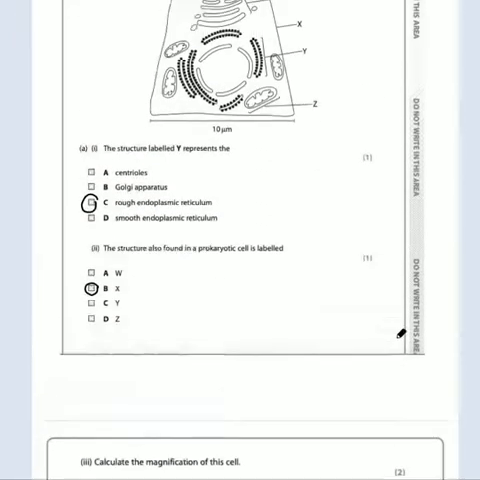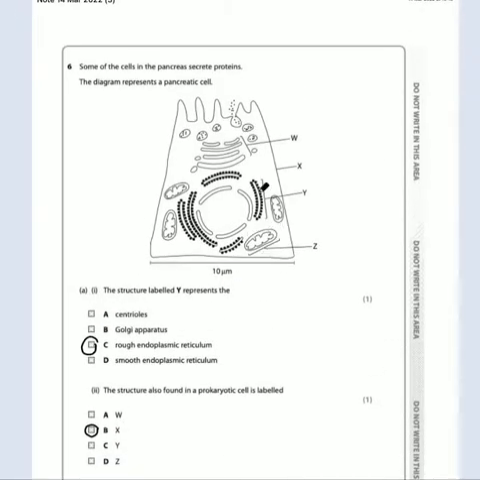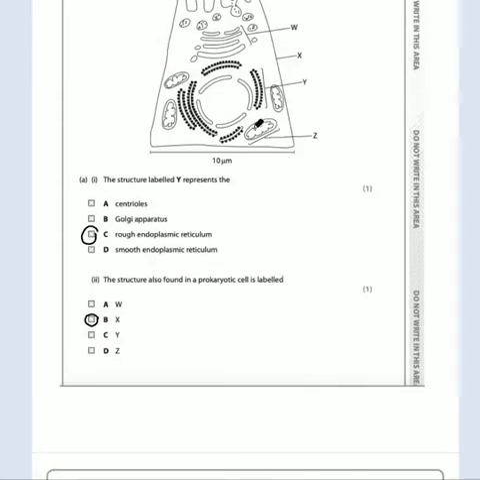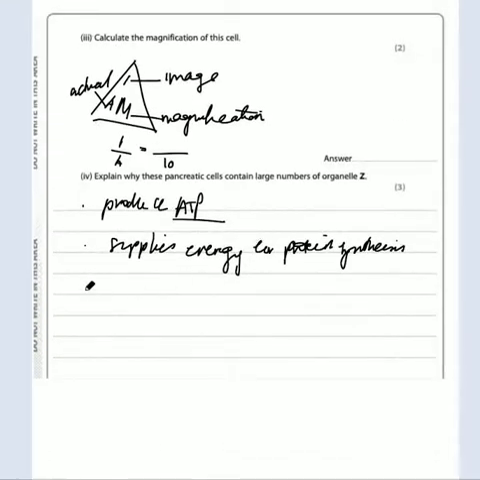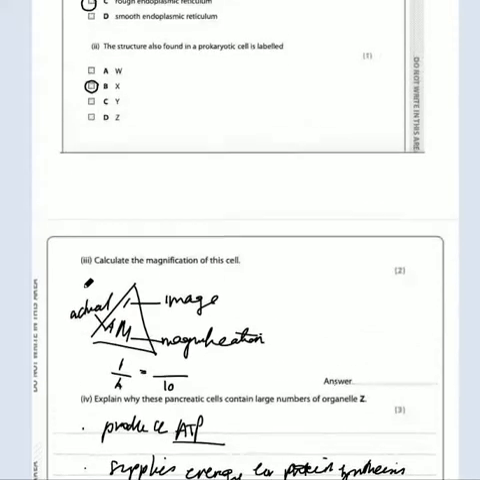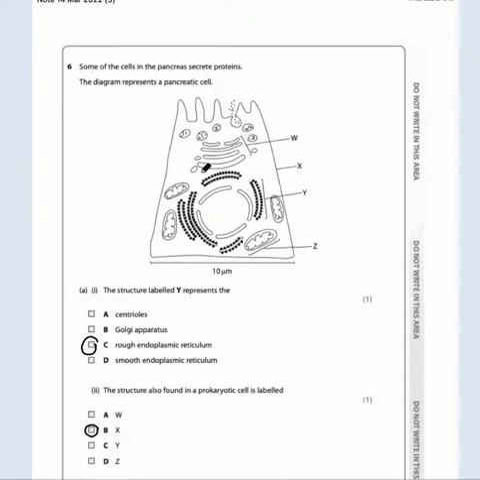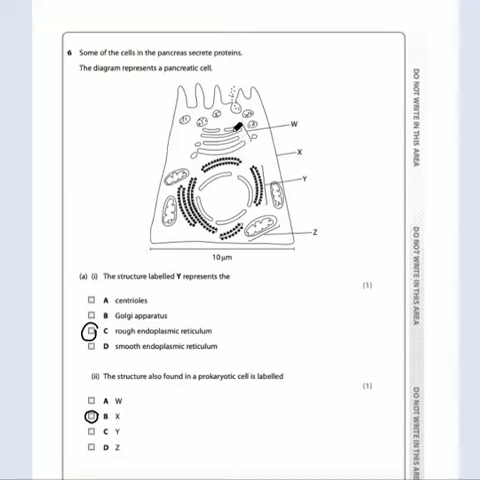And hence it makes sense why mitochondria is found next to the rough and the smooth endoplasmic reticulum, because the ribosomes here will also undergo protein synthesis. And so you have the mitochondria near to supply the energy. And so it supplies energy for protein synthesis, and also supplies the energy for the transport or the modification of proteins, and hence why it's also found next to the Golgi apparatus.